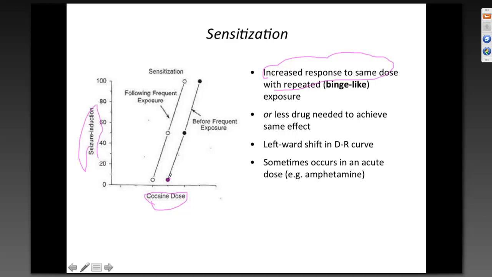You have 4 units of cocaine that's able to get you up to the number 50 right here for seizure induction. And then as time passes, you only need 3 units of cocaine to get you to that same 50 units, for lack of a better word, for the effect. That is sensitization.